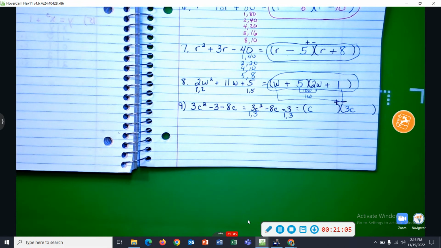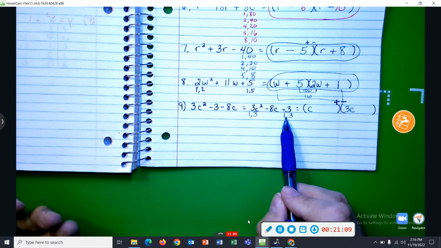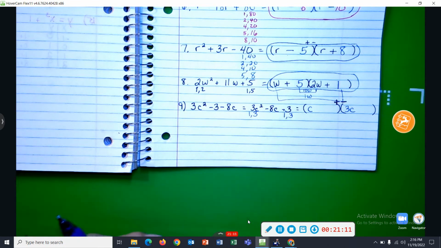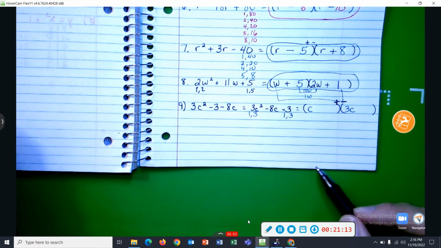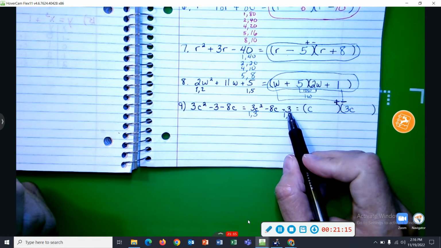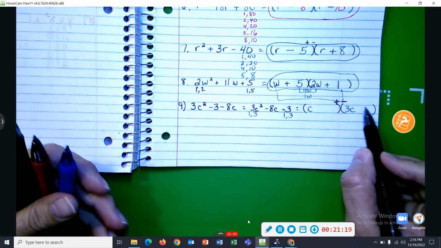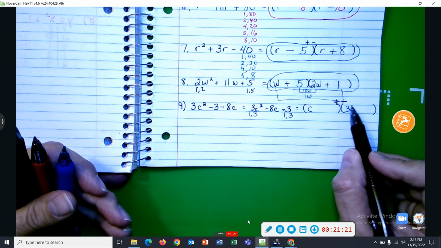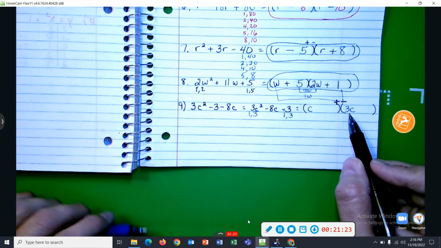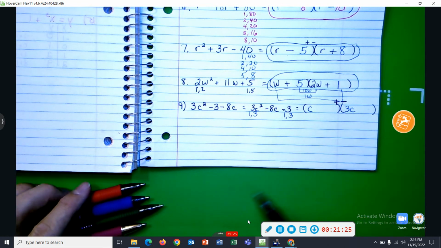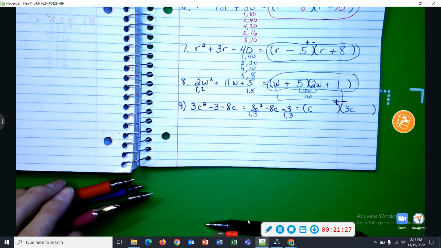And if this is going to work out correctly, all we can do is just use a 1 and 3. But we can't have a 3 over here because you can't have a common factor in the same set of parentheses. And if you put a c right here, you would have a common factor of 3.